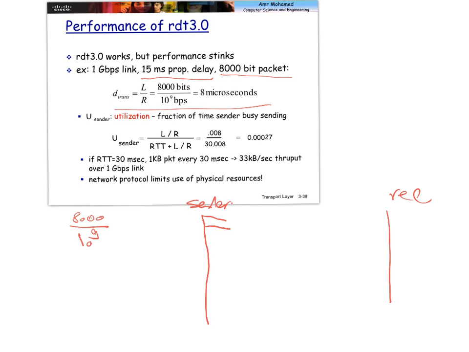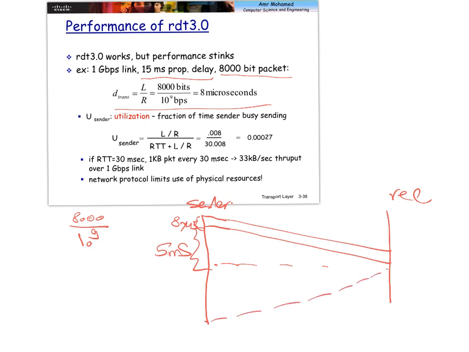This indicates what? You transmit for 8 microseconds, and you spend 15 milliseconds to get this packet to the other end. When the receiver sends you the acknowledgement, it will take another 15 milliseconds to arrive back to you.